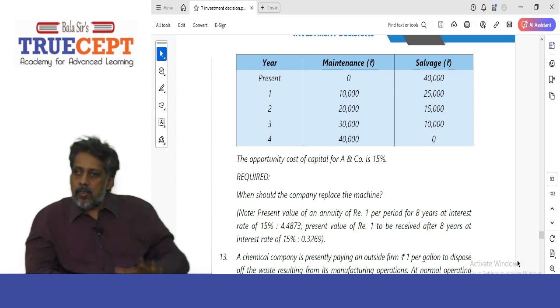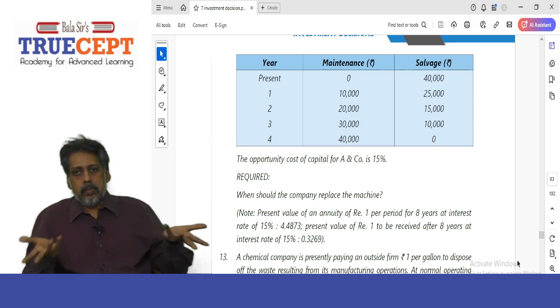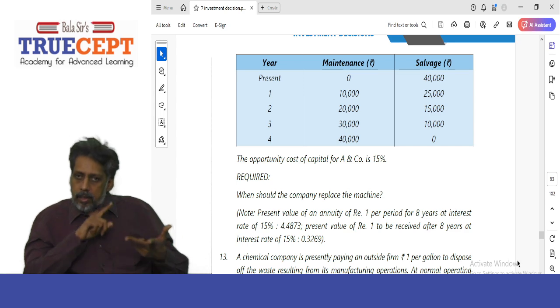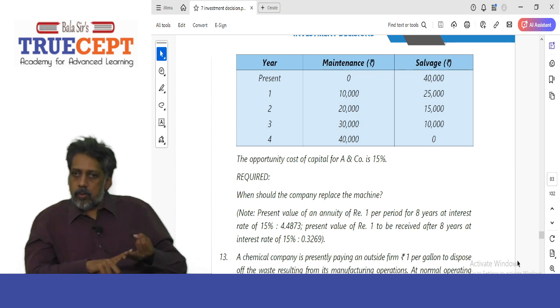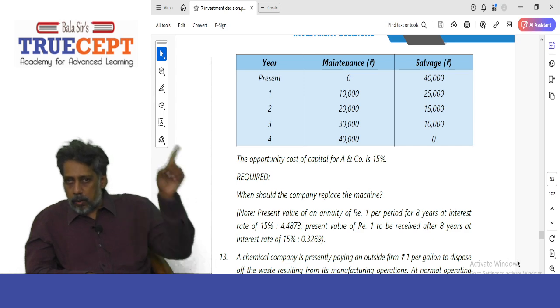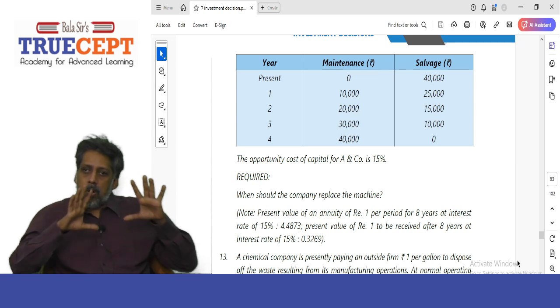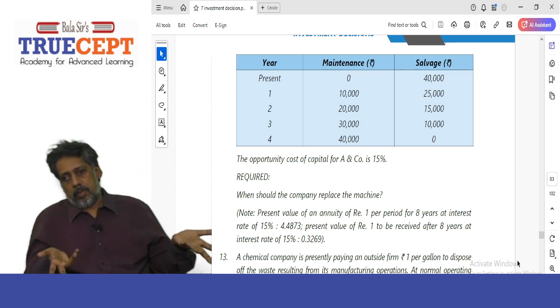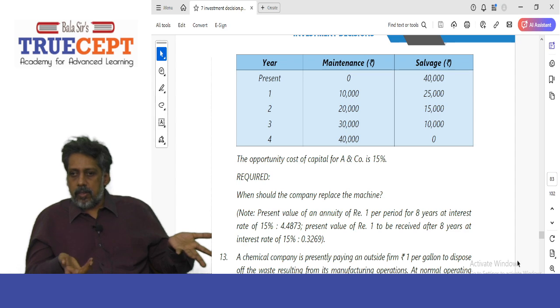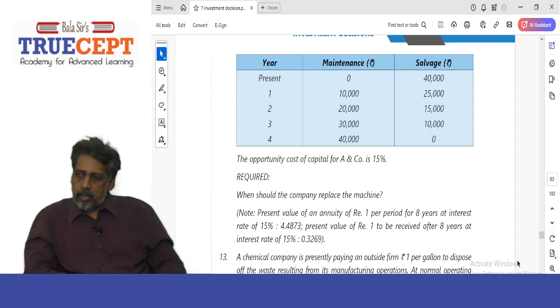Then what about year 4? 40,000 maintenance and 0 salvage value. That means you'll be incurring 10,000 maintenance costs in year 1, 20,000 in year 2, 30,000 in year 3, 40,000 in year 4, and you get to sell the old machine for nothing. That's 0, zilch, no value at all. Is that fine? So 0 salvage value.